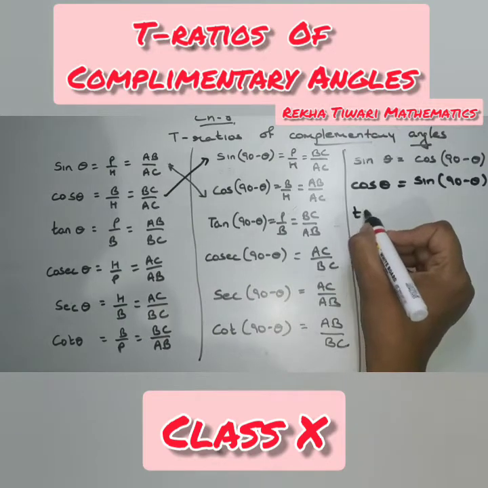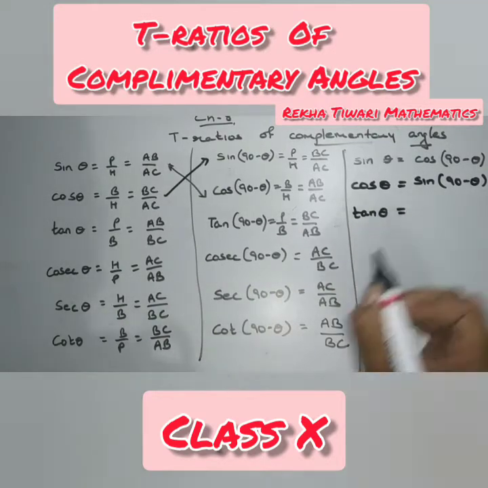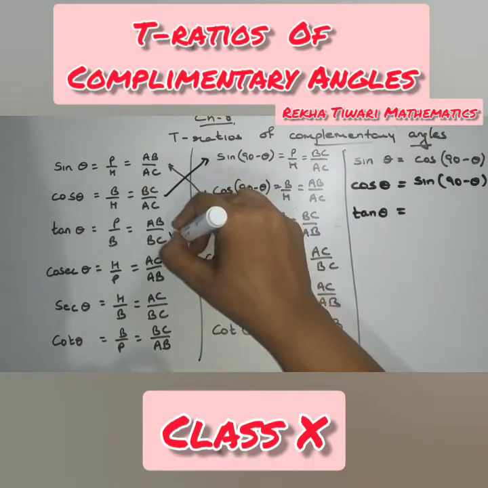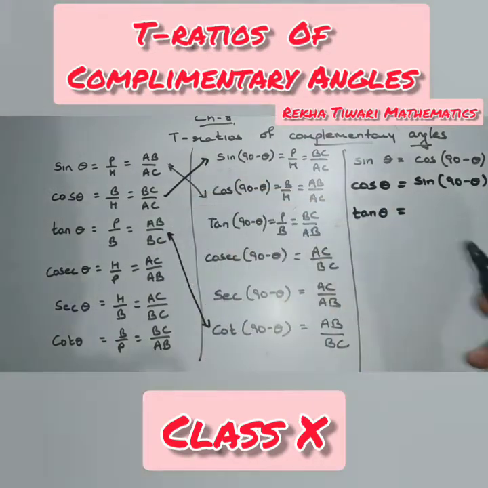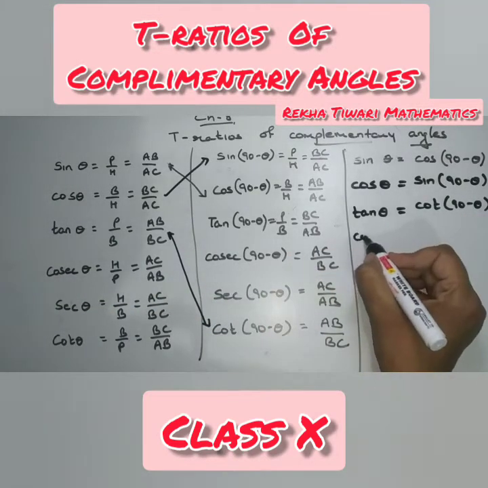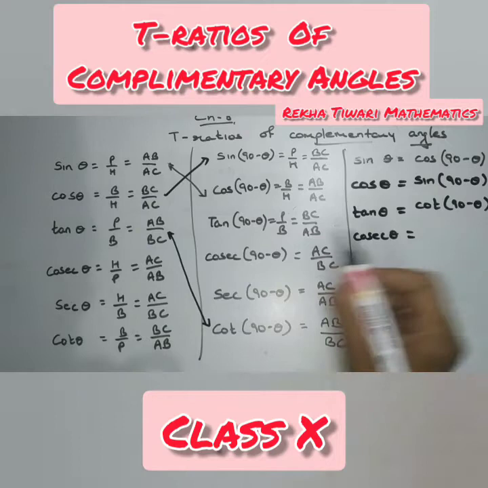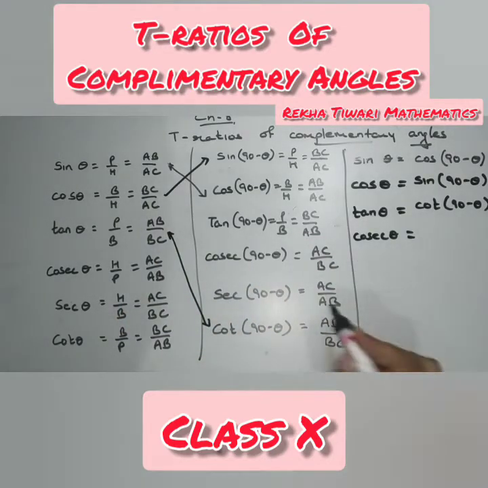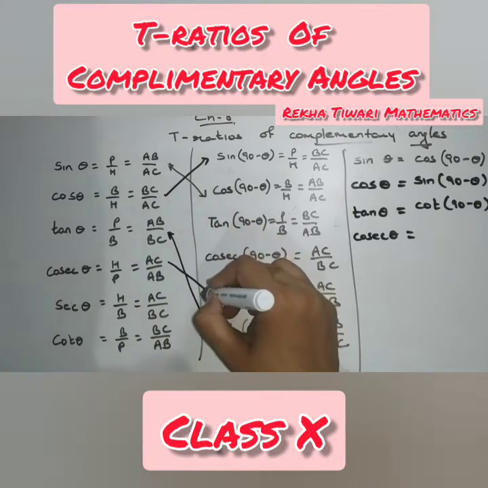Come to tan theta. Tan theta is AB by BC. Just search where AB by BC is written. This is AB by BC. So I can compare tan theta with cot 90 minus theta. Both are equal. Come to cosec theta. Cosec theta is AC by AB. See, it's here.